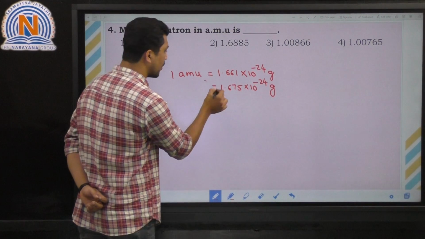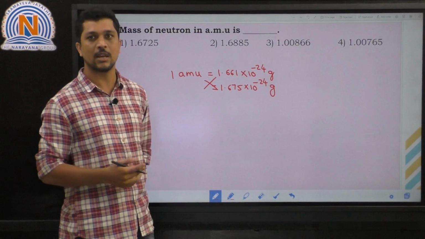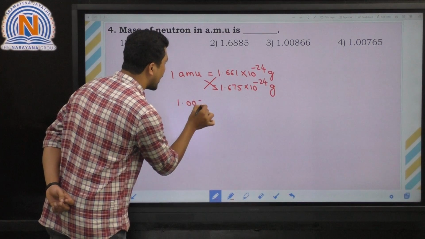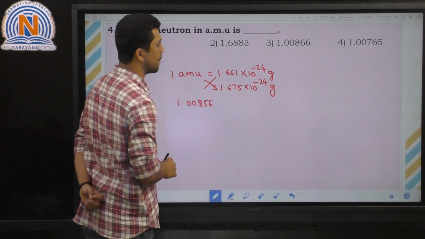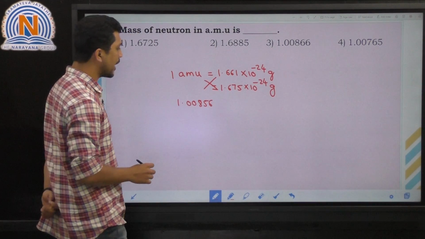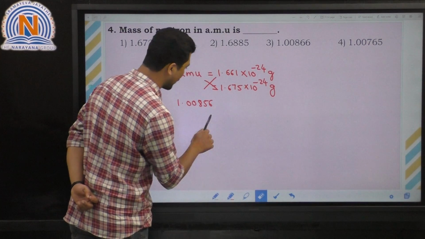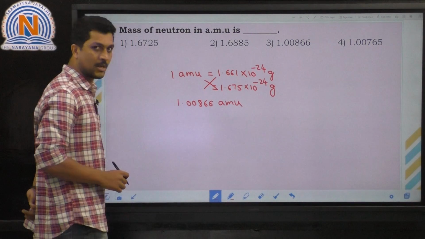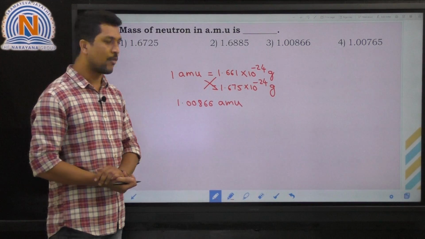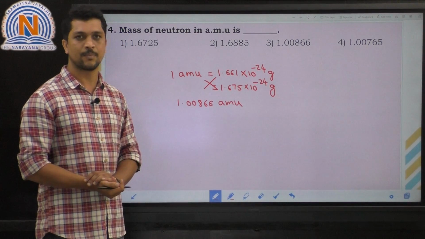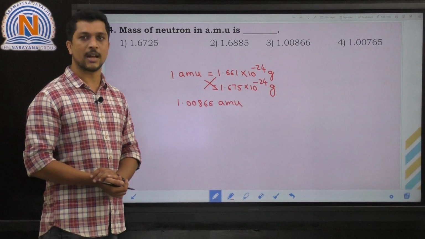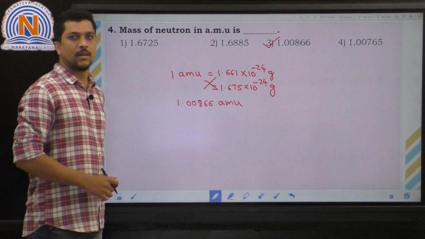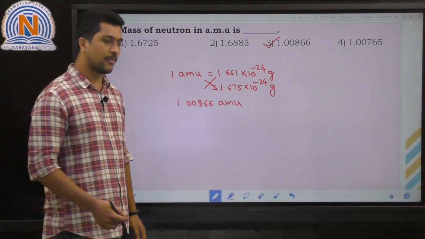If we do the cross multiplication, we will get the mass of neutron in atomic mass units, that is 1.00866 atomic mass unit. So 1.00866 is the mass of the neutron in atomic mass unit. So the correct option is third option. Clear? Let's move on to the fifth question.